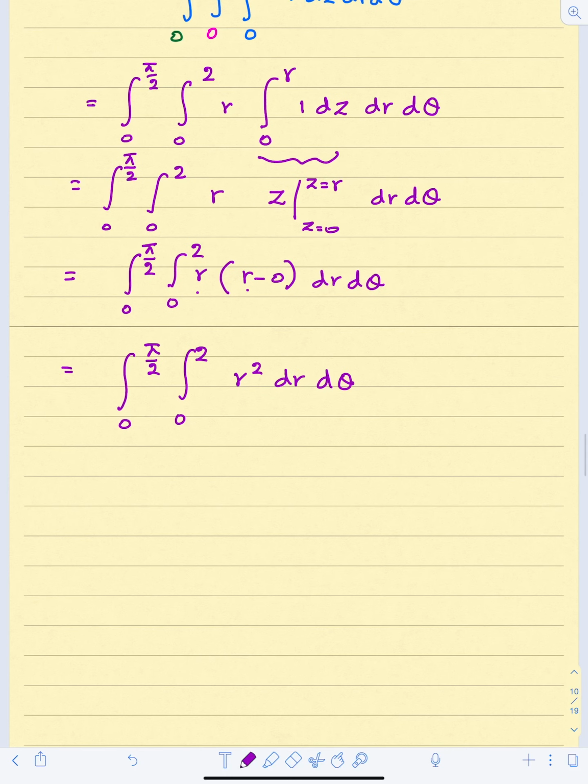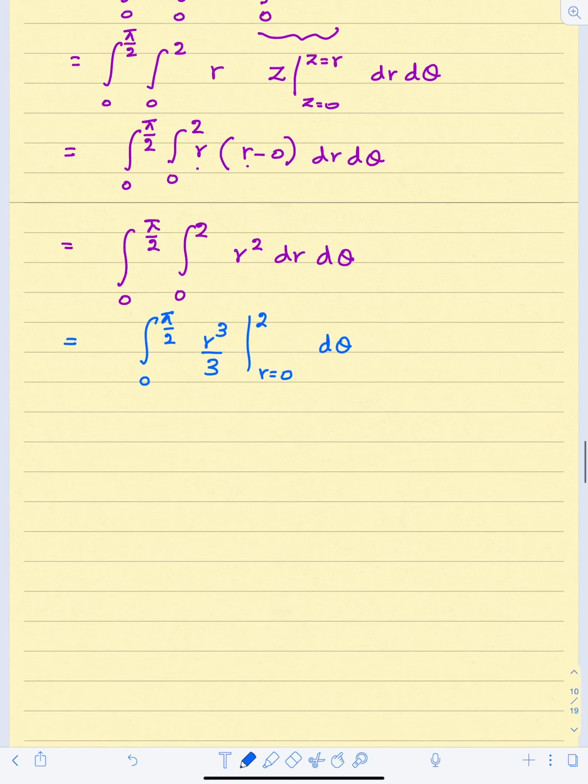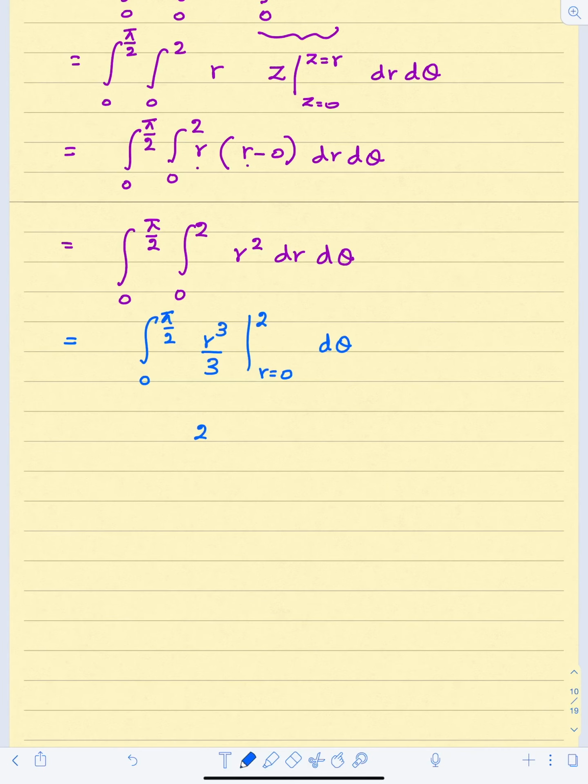If you integrate r squared, you should get r cubed over 3. The lower limit of r is 0, the upper limit is 2, then d theta. Apply the upper limit, which is 2. So r equals 2.